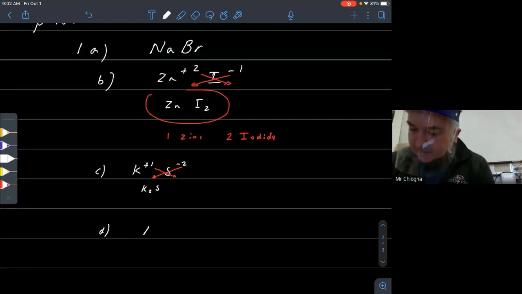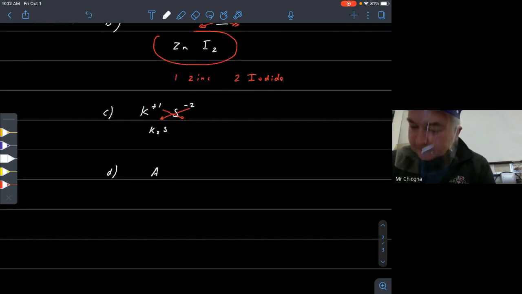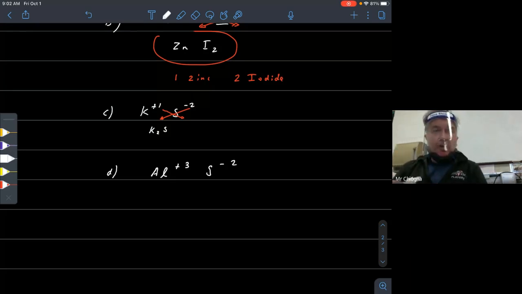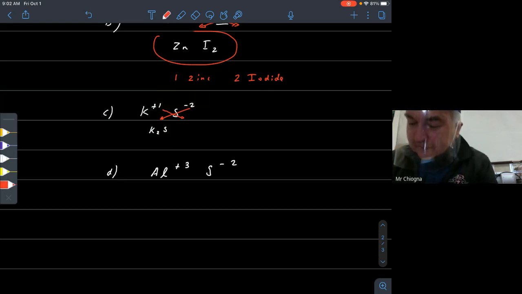Next, again, whenever there's different charges, unlike charges, you have to crisscross. Put the 2 there. 2 there.